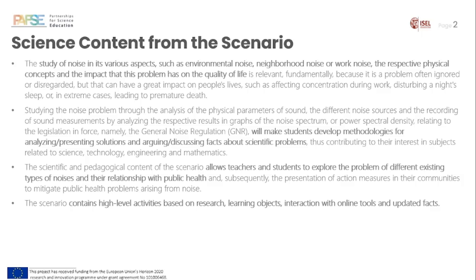They study different noise pollution sources and how they can affect the quality of life of human beings nowadays, and to produce several measures that can be taken at the individual and community levels to mitigate such problems, such public health issues arising from noise. So this is the main goal within this scenario.